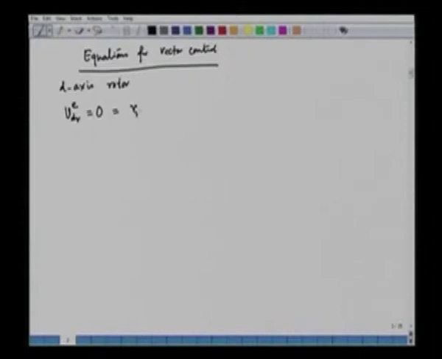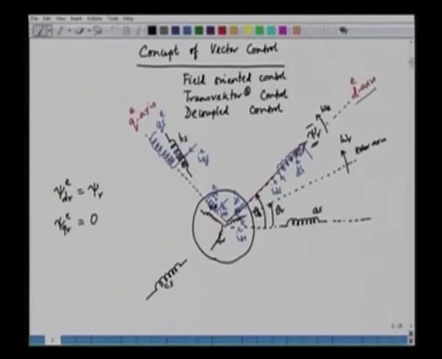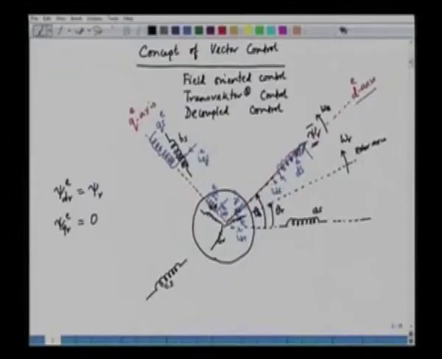That is equal to R_r i_dr plus p psi_dr, and in this case, the relative velocity between the reference frame and the rotor is omega_e minus omega_r. The reference frame is rotating at a speed of omega_e, and the rotor is rotating at a speed of omega_r, and the differential speed between them is omega_e minus omega_r, and we call this speed the slip speed.